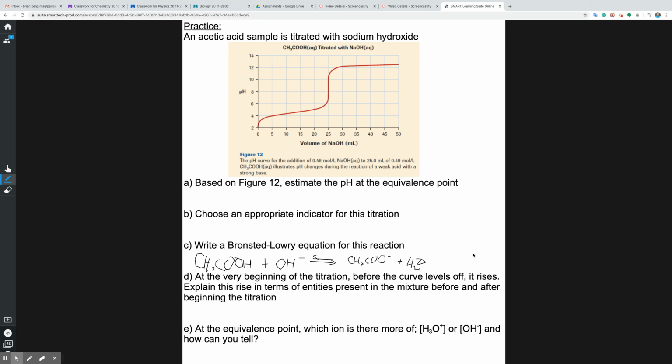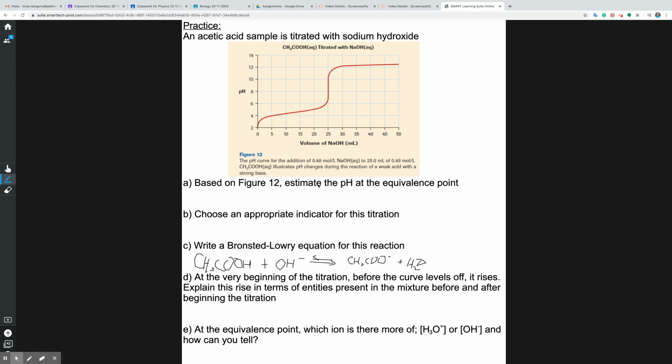At the very beginning of titration, before the curve levels off, it rises. So it's saying that right at the start it rises, then levels off, and then goes up again. Explain this rise in terms of entities present in the mixture before and after the beginning of titration. The entities present at the start are acetic acid, and you'll also have a little bit of your indicator.